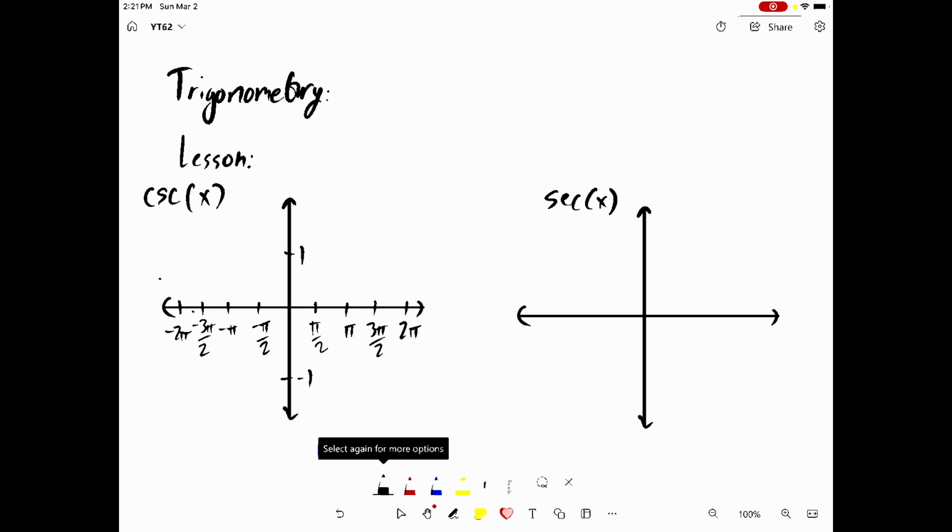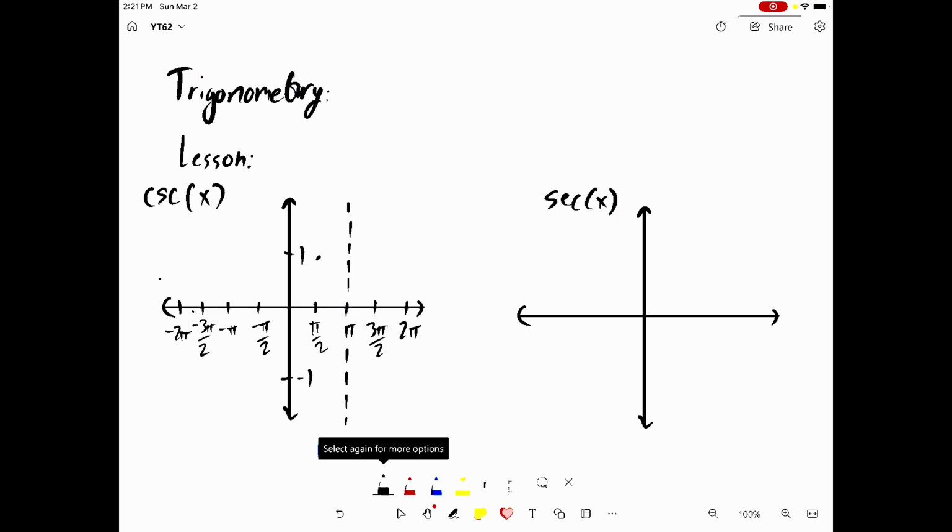At pi over 2, cosecant of pi over 2, we know that because we can do 1 over sine of pi over 2, and that's equal to 1 over 1, which is equal to 1. So we have 1 at pi over 2, and then remember we have asymptotes at all multiples of pi with an integer.